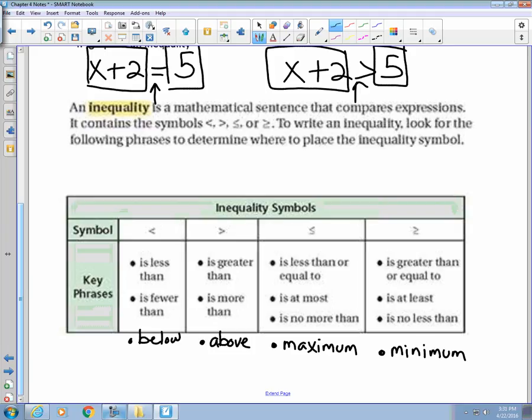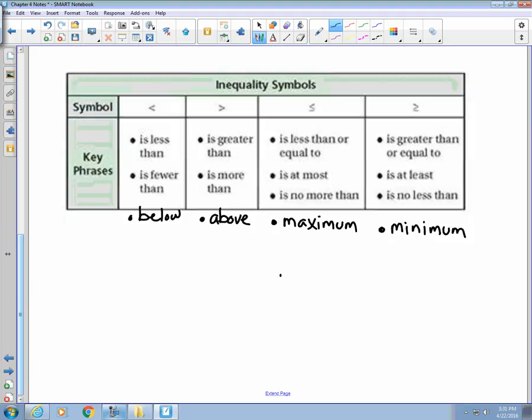The inequality symbols, let's see if we can move this up. So these are the symbols, which I've already talked about. The less than, I'm going to write these out here. Maybe you want to write them yourselves. The next one would be greater than. This is less than or equal to.